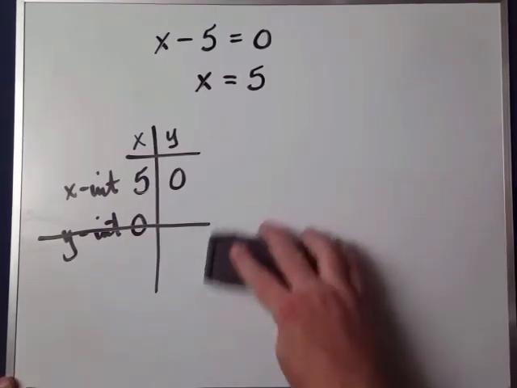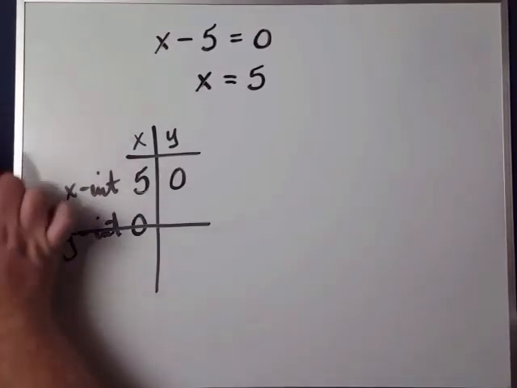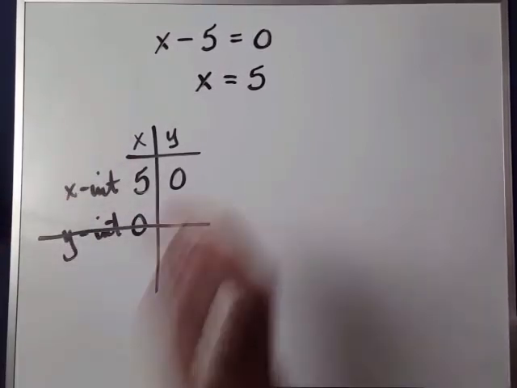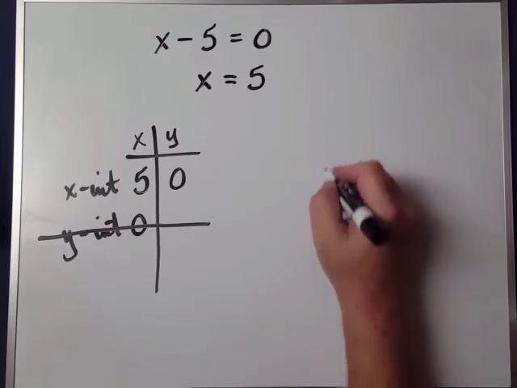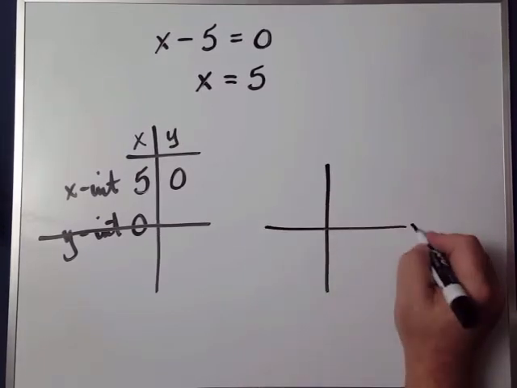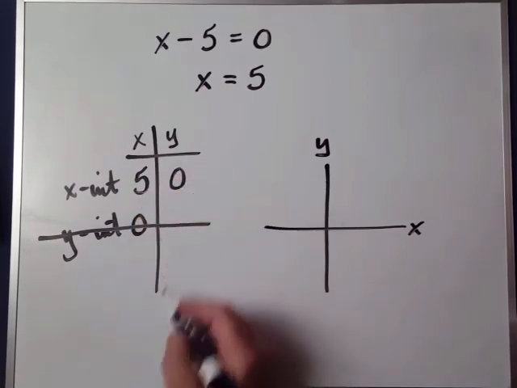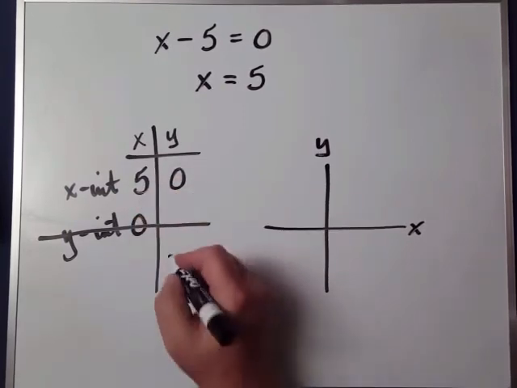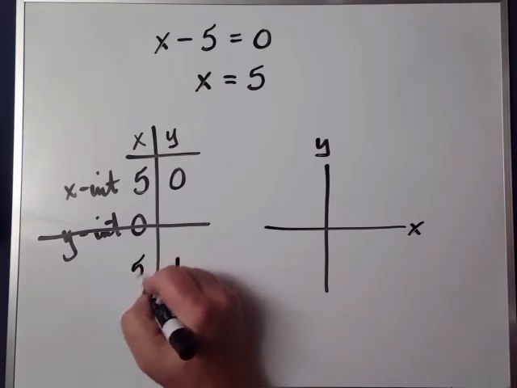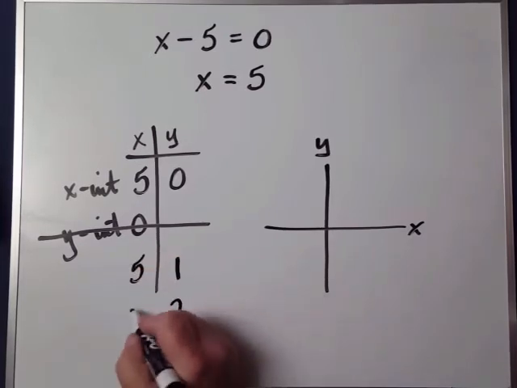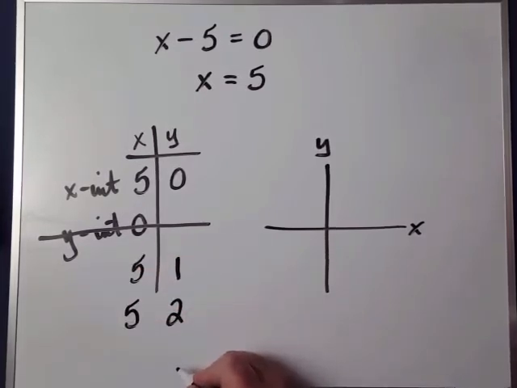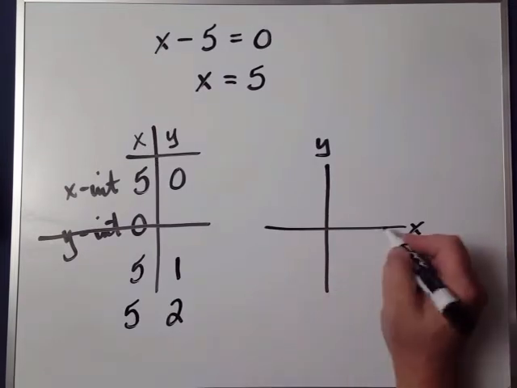This should not surprise you, having done the homework from section 3.1, because if I were to graph this, which we were not asked to do, but just to quickly show, get some other points that are on this graph. What about when y is 1? Well, x is 5. When y is 2, x is still 5. I don't care what y is, x is going to be 5.